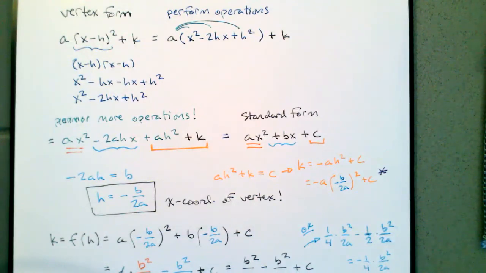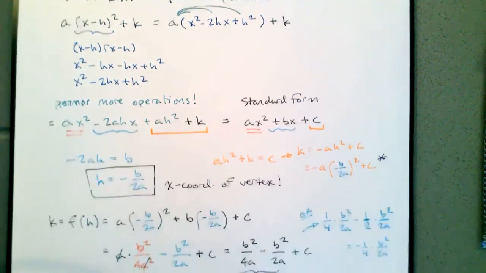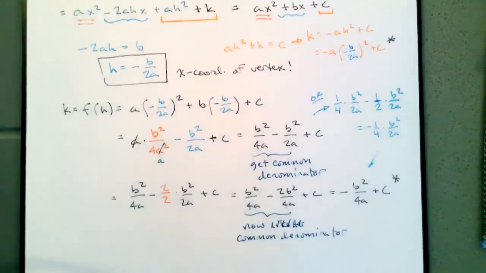And so the coefficient of x on the multiplied out vertex form should be the same as the coefficient of x in the standard form. We did want to throw a lot of algebra at this problem because this is an algebra class, and so we want to make sure that the algebra all works out.